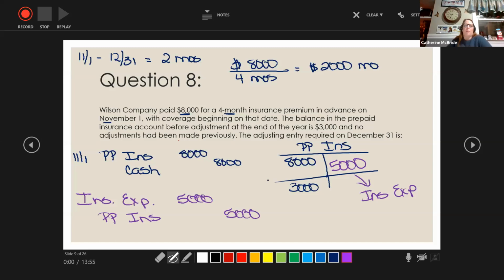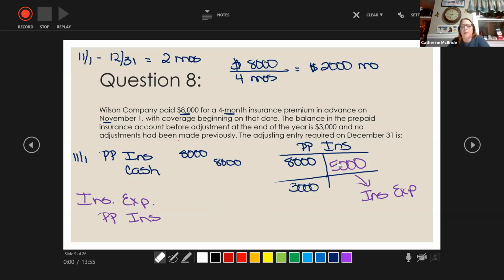I'm still having a problem with this. The balance in the prepaid insurance account before adjustment at the end of the year is $3,000 and no adjustments have been made. See, I still think this should be $4,000. Yeah, you know what? I'm going to change that number.